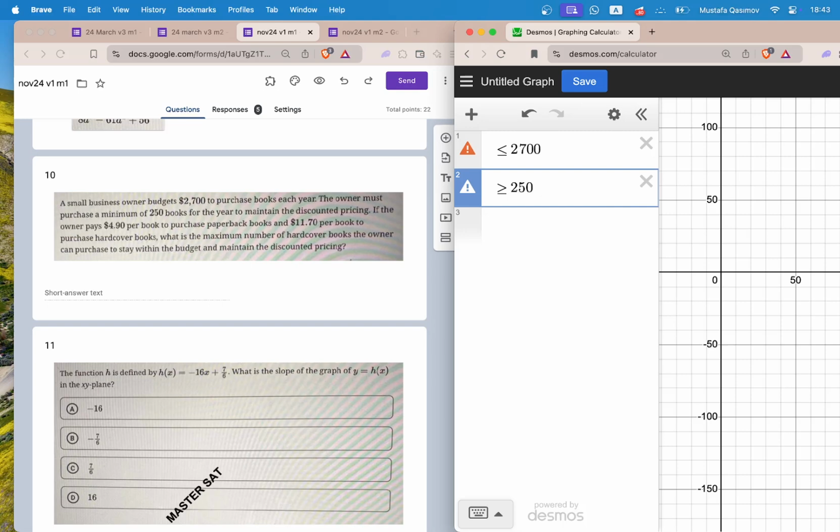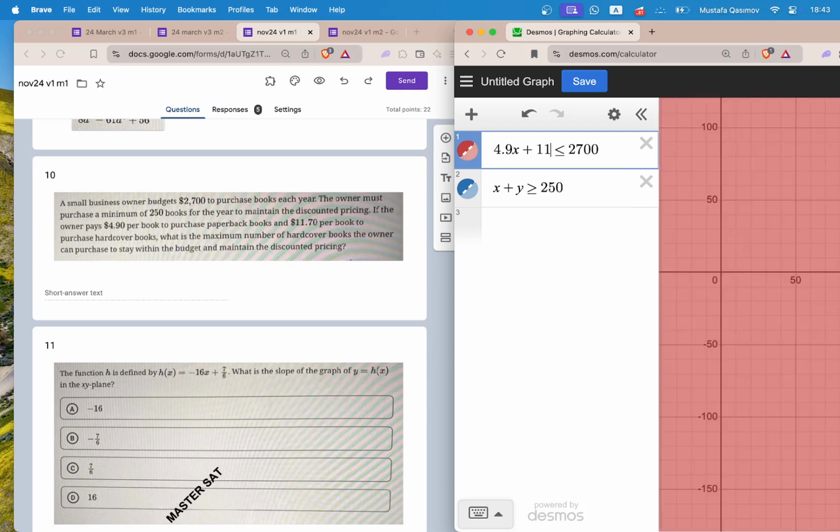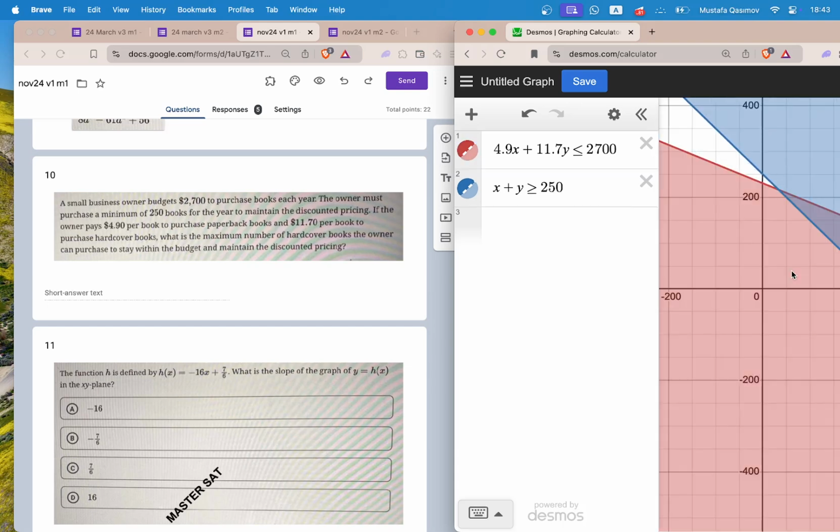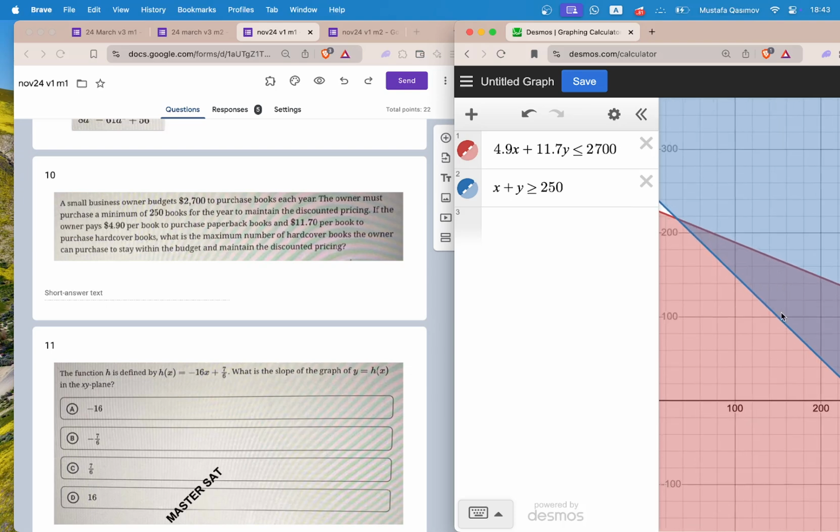Then because 250 represents the number of books, we have to write it like that: x plus y greater than or equal to 250. Then if you multiply it by its price, it will be like this. This part is our solution. Look here. What's the meaning of that?